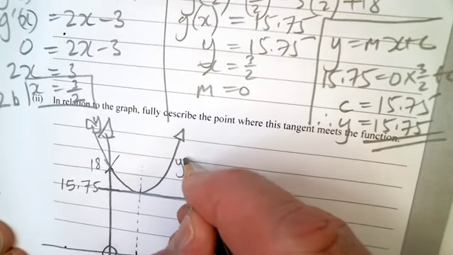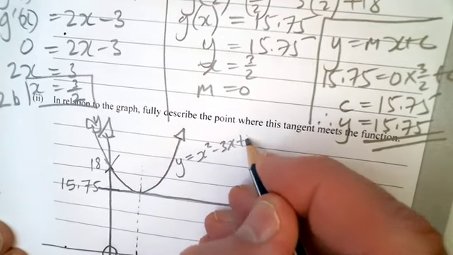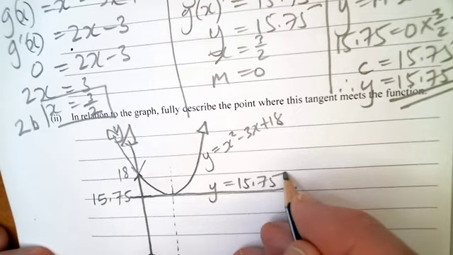I'll write y is equal to x squared minus 3x plus 18. And this is y is equal to 15.75.